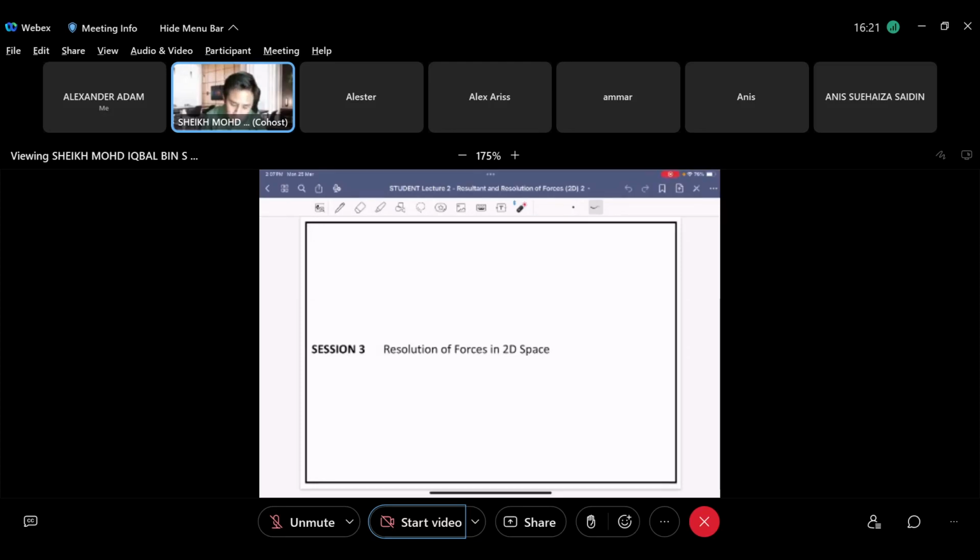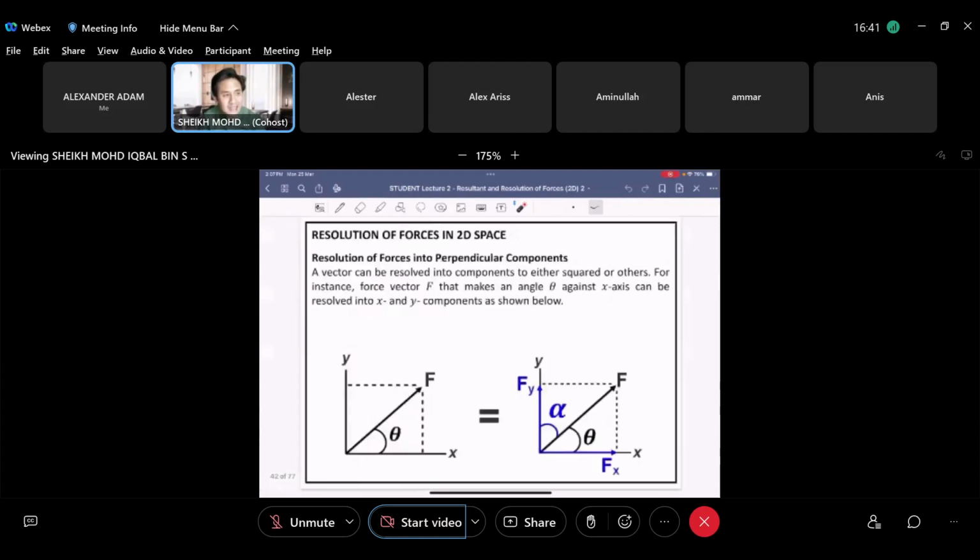And for this week we are still doing it in two dimensions, which is 2D space. So the first question is, how do we break down the big force into smaller forces, which is, how do we resolve the force into small forces? It's the same thing as in the resultant force.